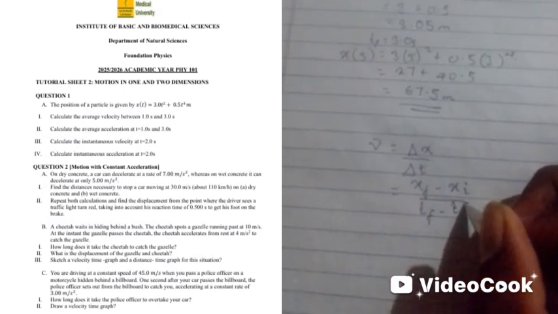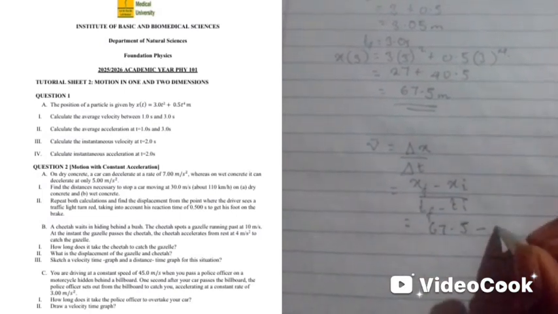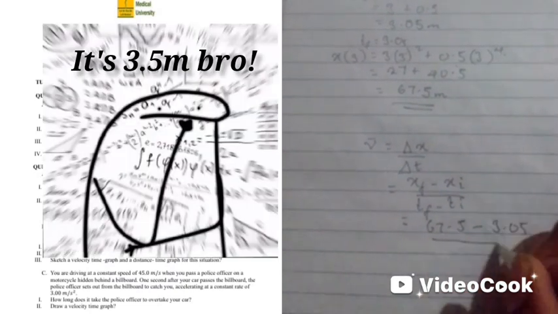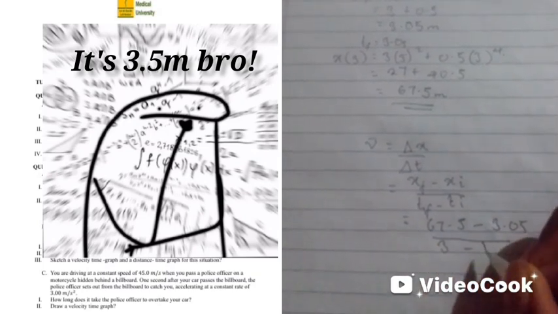Now in order to find the average velocity, we need to use this formula, the change in displacement over the change in time. So the change in displacement is the final displacement subtracted from the initial displacement, over the final time subtracted from the initial time. The final displacement was 67.5, minus the initial displacement, which was 3.5, over the final time, which was 3, minus the initial time, which was 1.